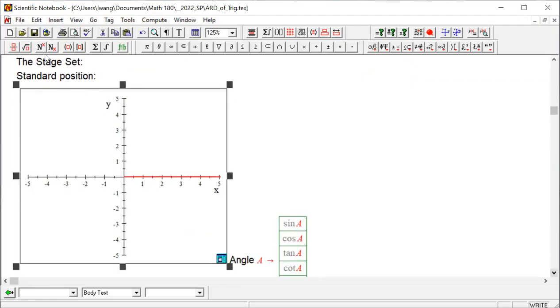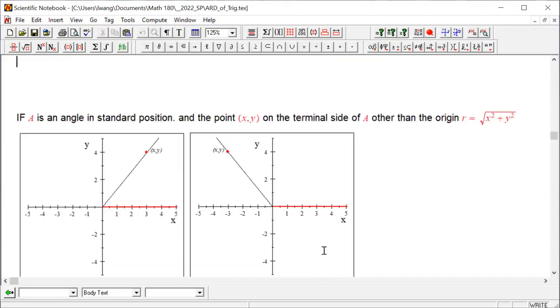There are rules about angle measurement.